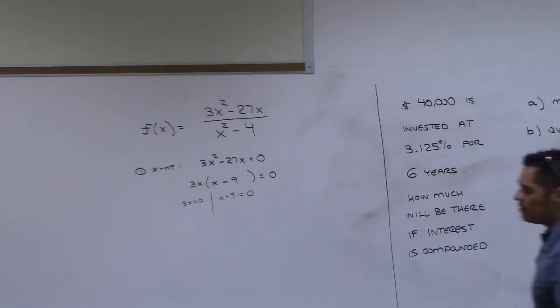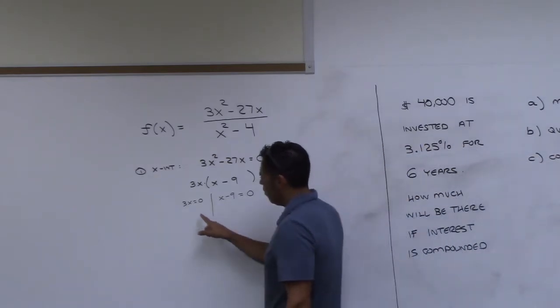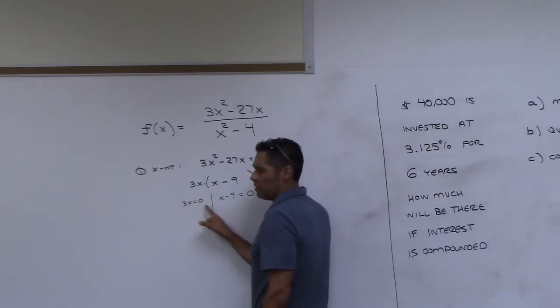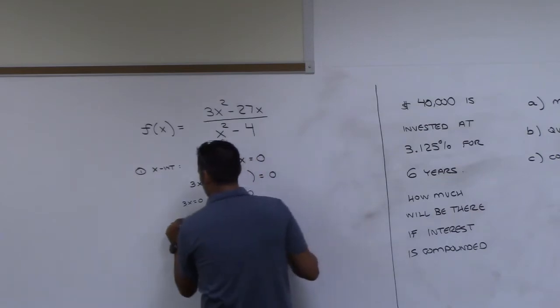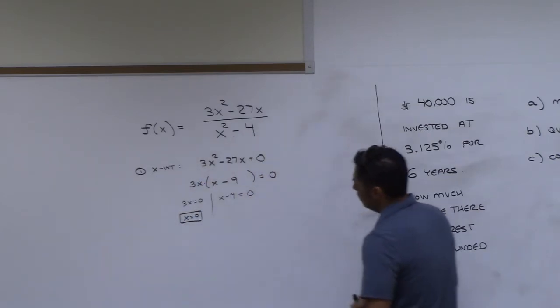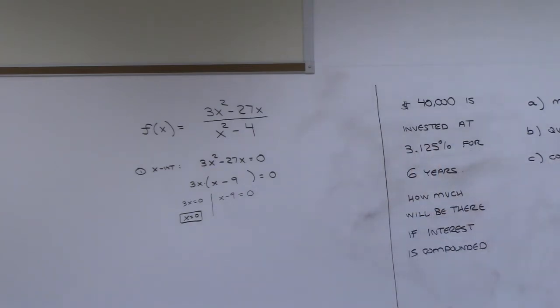Now, can you tell me about this first one? What's the only number that I can multiply times 3 and still get 0? 0, right? So x is 0 is one answer. And then over here? Solve for x. How can you get x by itself on that equation there? Not divide, because you have x minus 9, right?